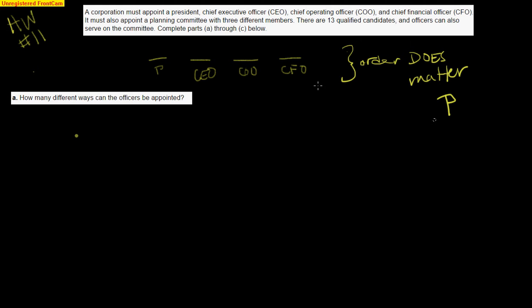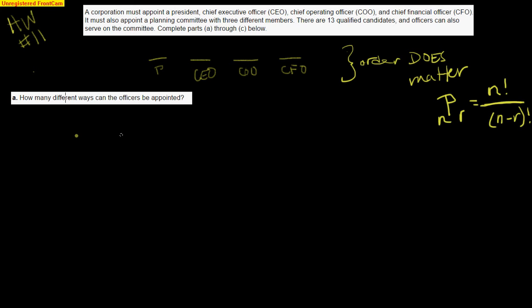Permutations take into account order. So we have an nPr. And just as a quick review, the formula for the permutations is n factorial over n minus r factorial. And the difference between this and the combinations is this is missing the r factorial in the denominator.